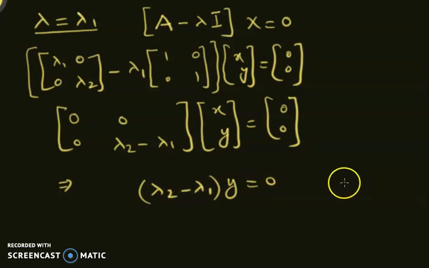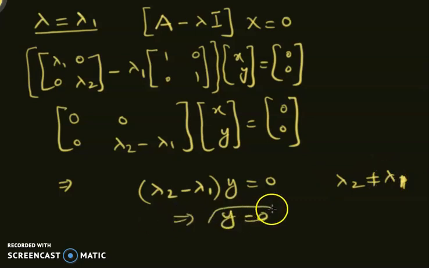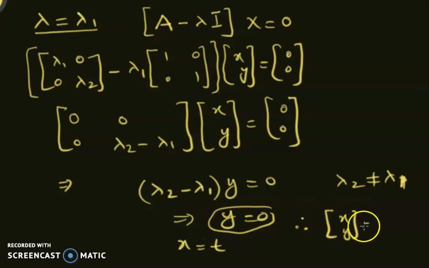But we know that lambda 2 and lambda 1 are not equal, as one of them is positive and the other is negative. So that implies y is 0. When y is 0, x can be anything. Let me say t. So the eigenvector x comma y is t comma 0, or you can factor out t and this is 1, 0.